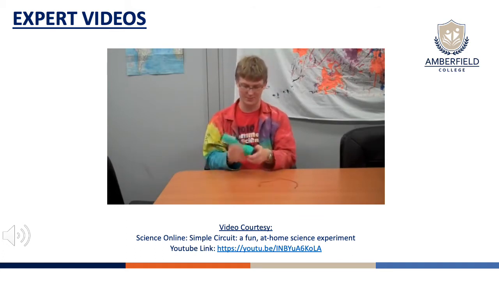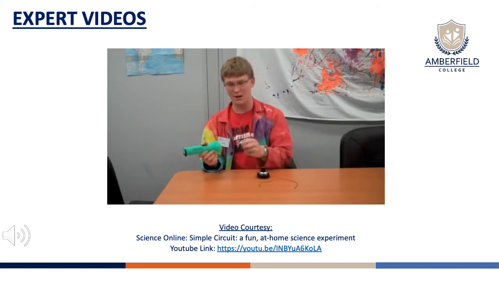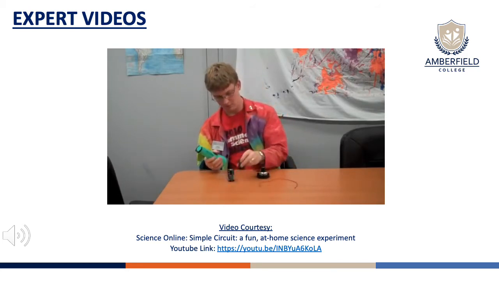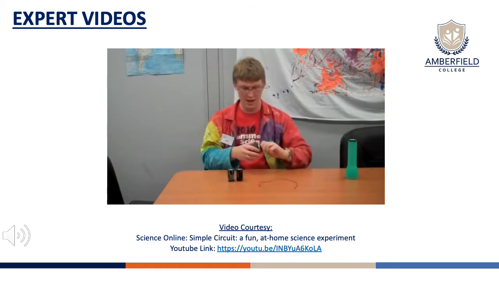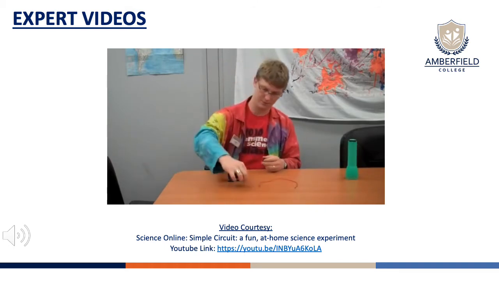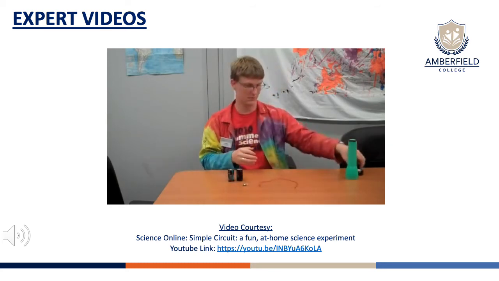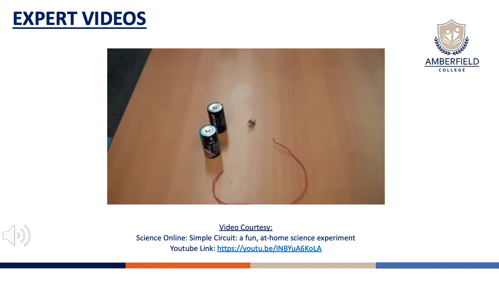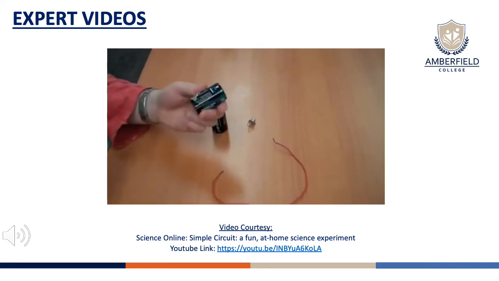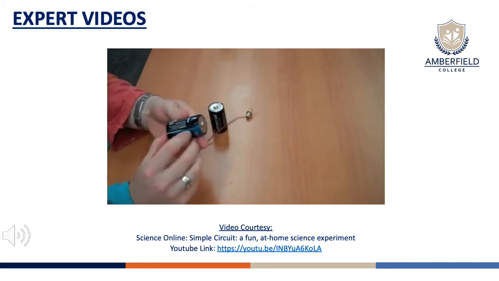So, first and foremost, take the flashlight apart. All you'll need to keep are the batteries and the light bulb. So what we're going to do is make a simple circuit. And to do that, just take your battery and your wire, attach the wire to one side of the battery.